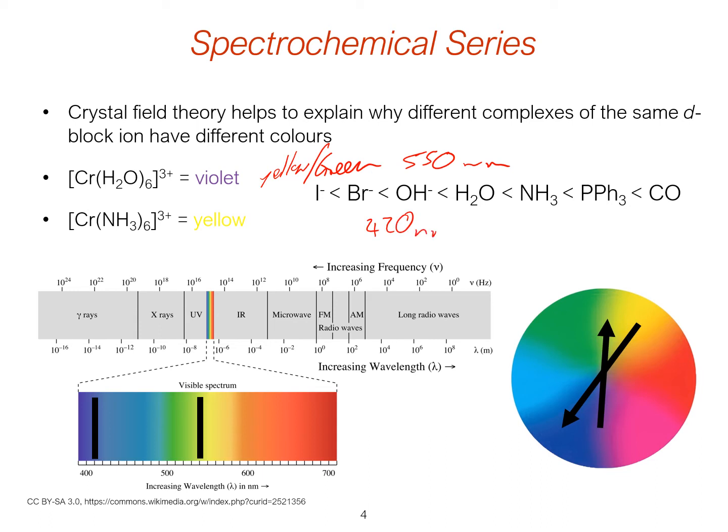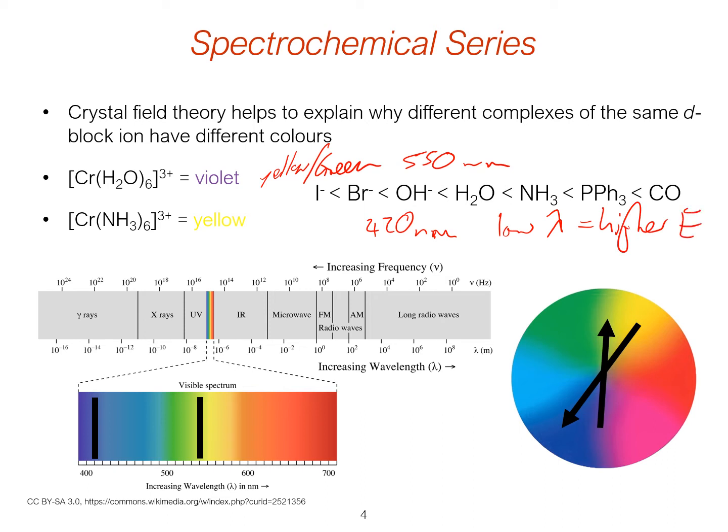420 nanometers. Now then, knowing that energy has an inversely proportional relationship to wavelength, like we saw on the last slide, we know that because the hexaamine has a lower wavelength, it has a higher energy.